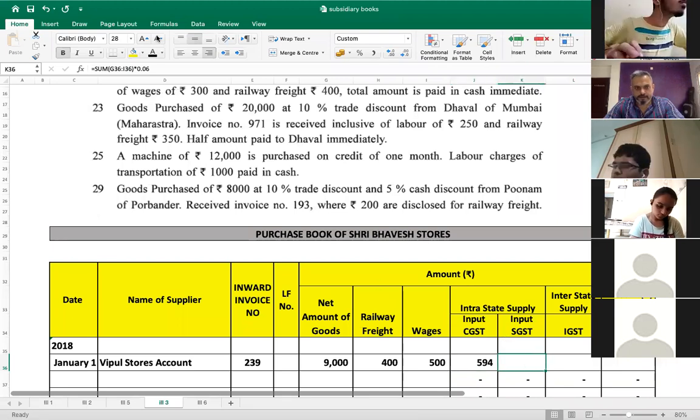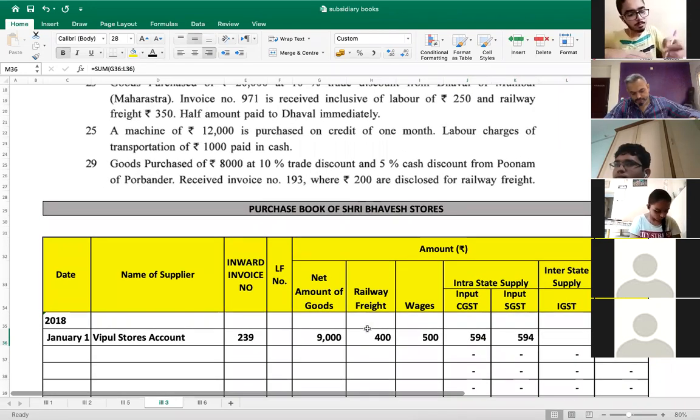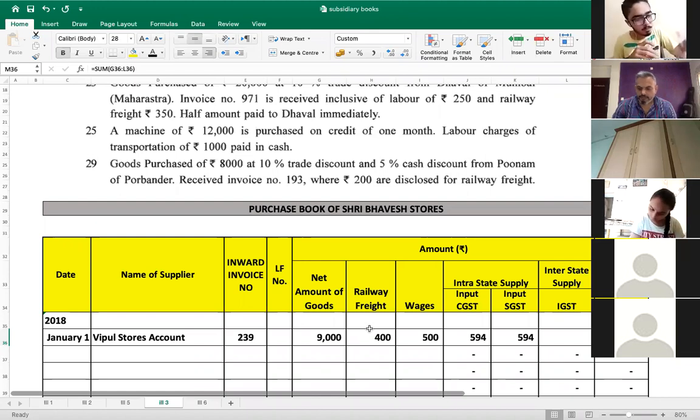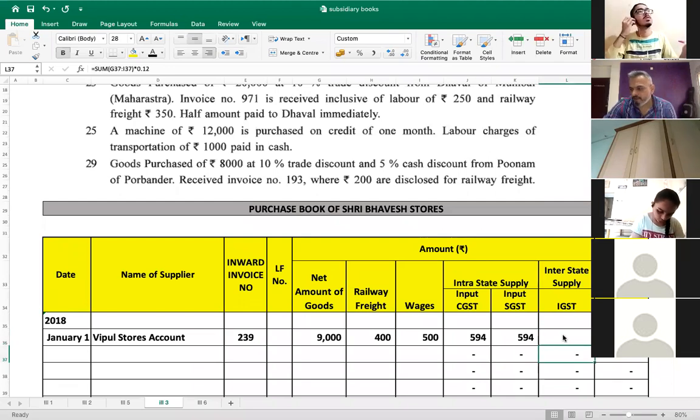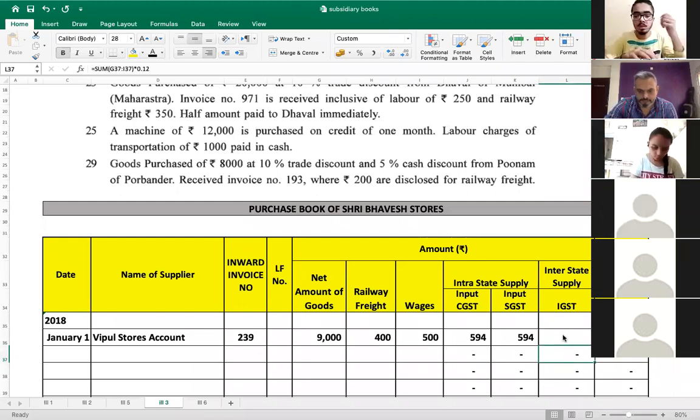Again 6%, so 594, and then do the total. Total comes to 11,088.